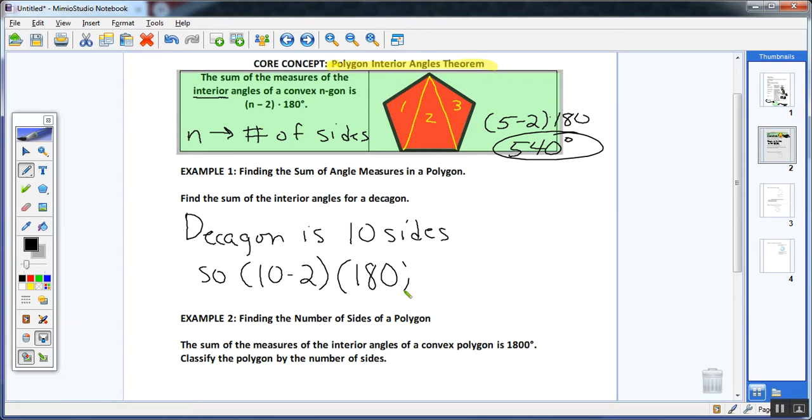Is that like 1,080? No? 1,440. Yeah, 1,440. So how many degrees on the interior of a decagon?